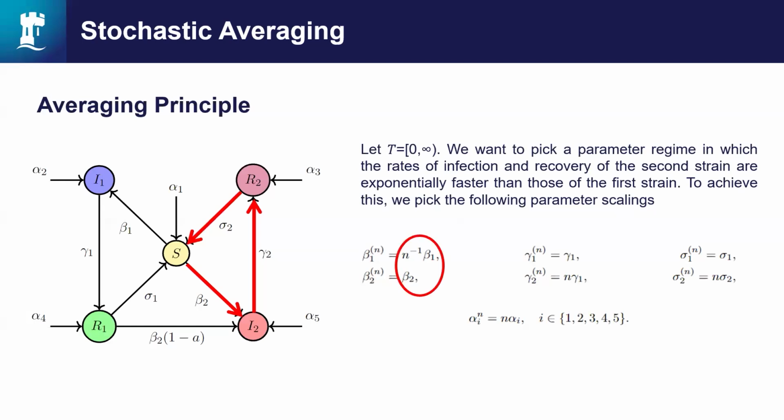So if I'm saying my second strain is the faster one, for all my ones with a little 2 subscript, I've multiplied by n, which is our system size, so how big our population is. Okay, so if we have a big population, say 10,000, then the second strain is acting 10,000 times faster, essentially.